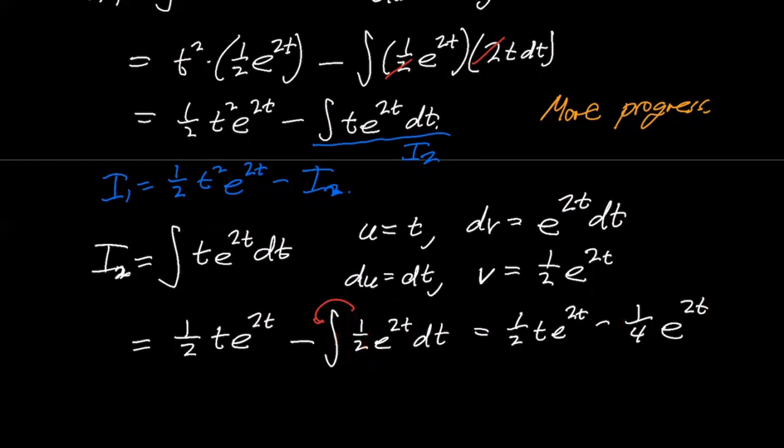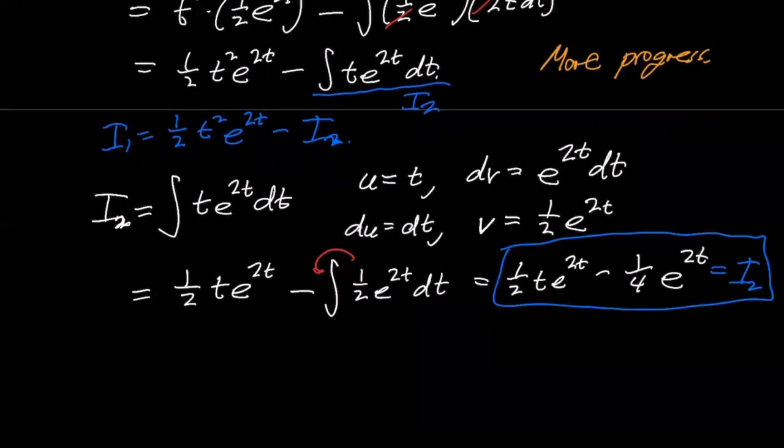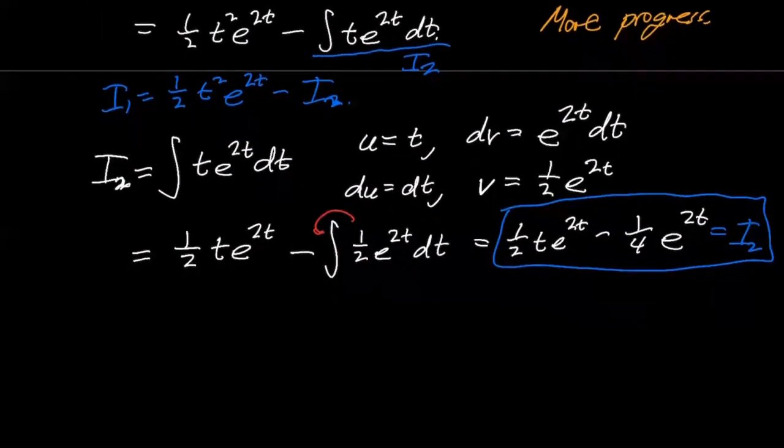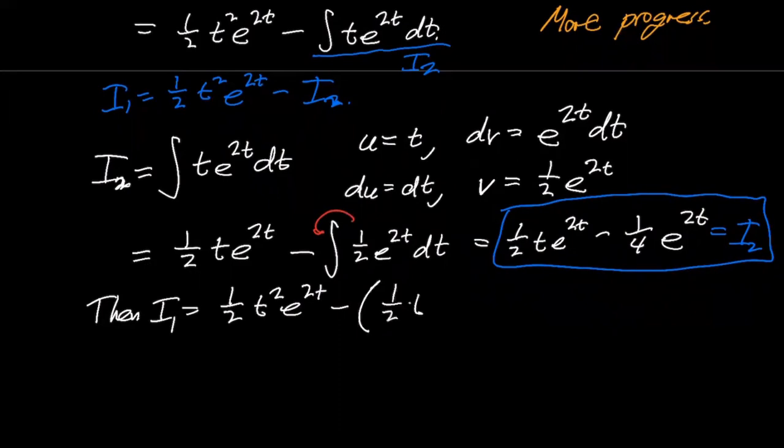Okay, so we have an expression for I2. This is I2 right here. And then it's just the accounting problem of plugging back in carefully. So then I1, just copying from above, it's 1/2 t squared e to the 2t minus I2. Let me put that in parentheses to be careful because we don't need to distribute the minus sign.